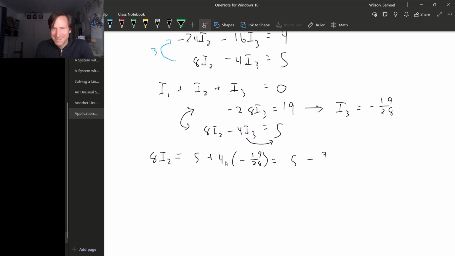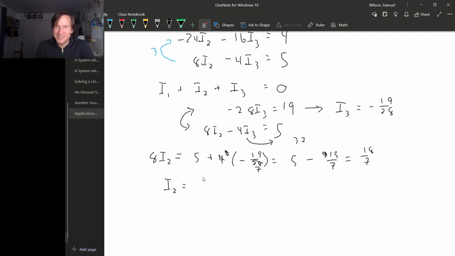Let me get rid of a factor of, actually, let me just do that. There. 19 over 7. Right, simplify before you multiply. And 5 is 35 over 7. So 35 minus 19 is 18. Sorry, 37 minus 19 is 18. So 18 over 7. Okay, now we have to divide by 8.